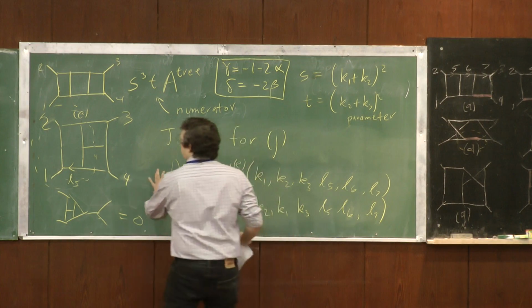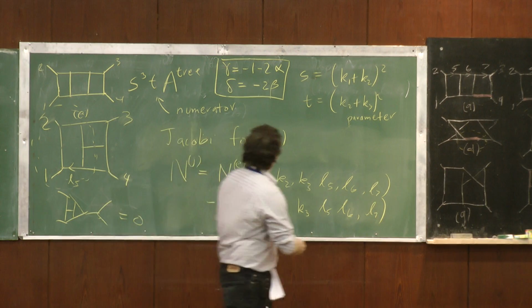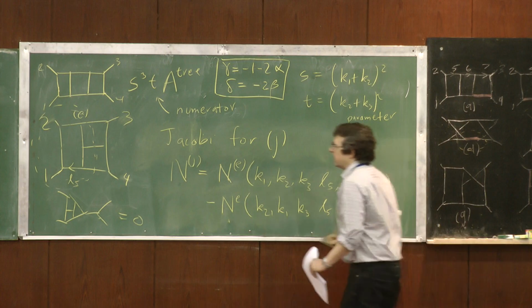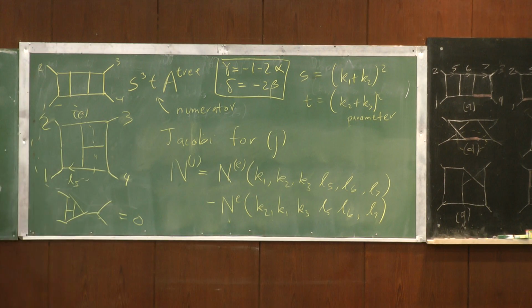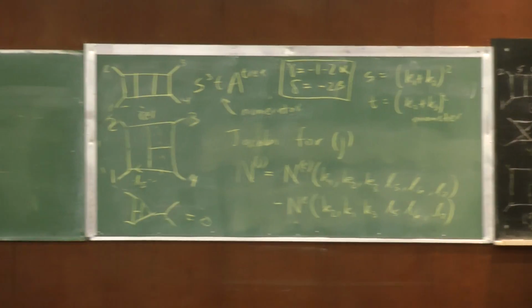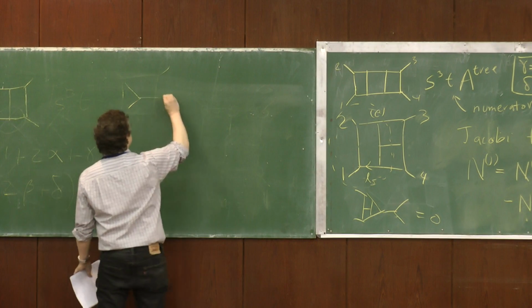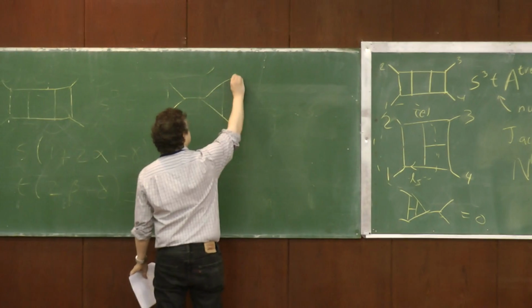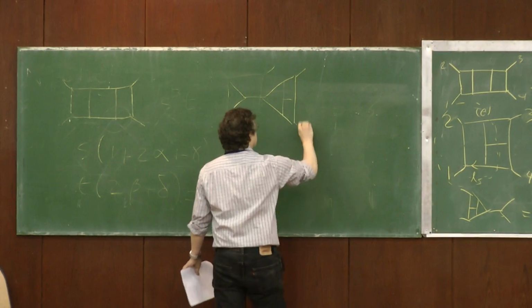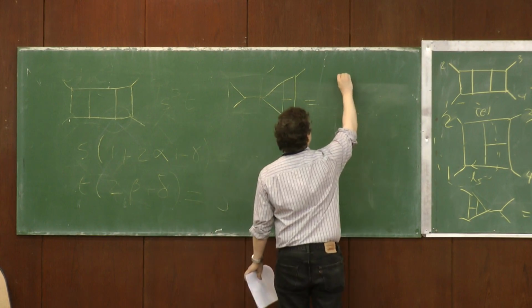So if I draw it pictorially, that Jacobi identity is the following. Is equal to this.